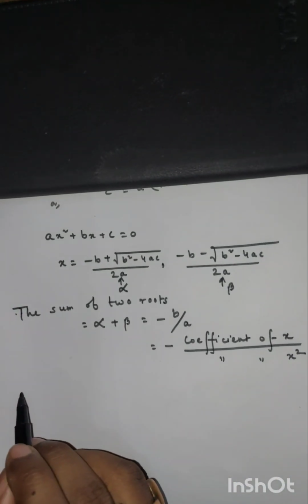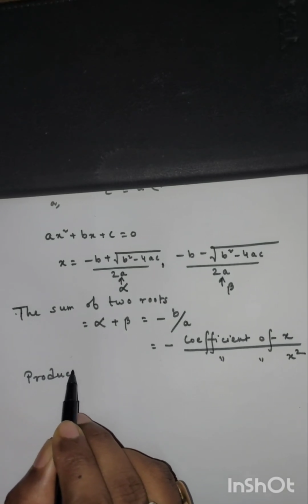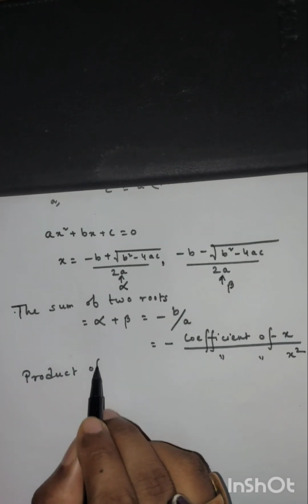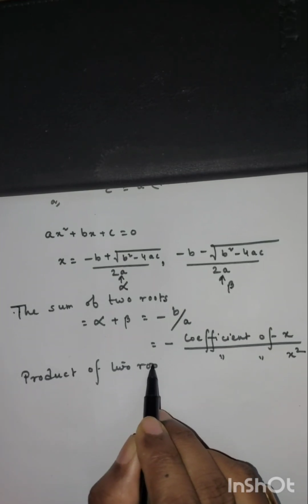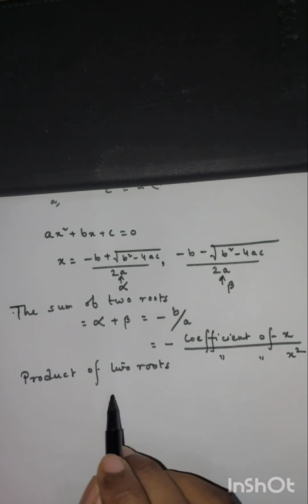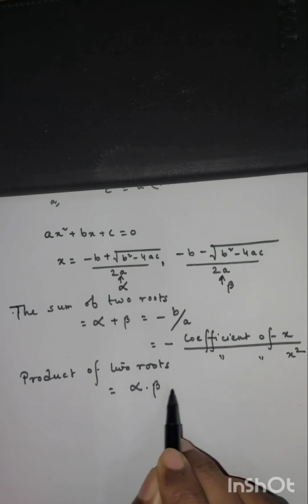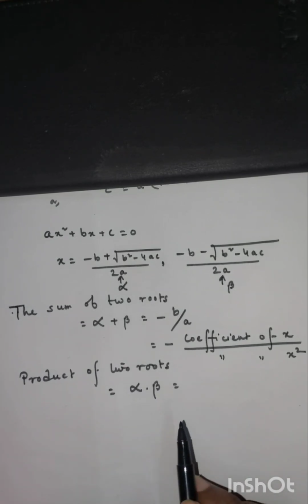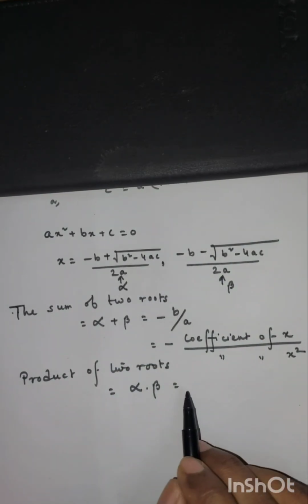And the product of two roots equals alpha into beta. If we find the product and simplify it, we get c by a.